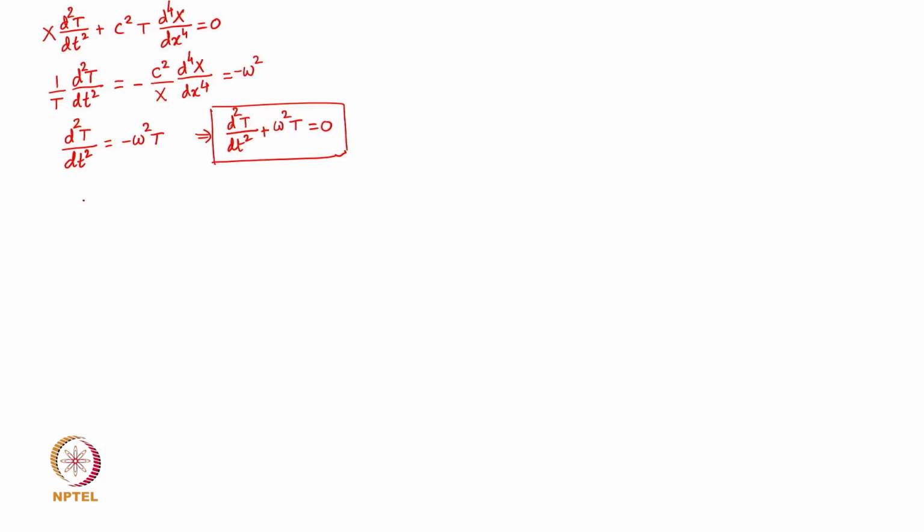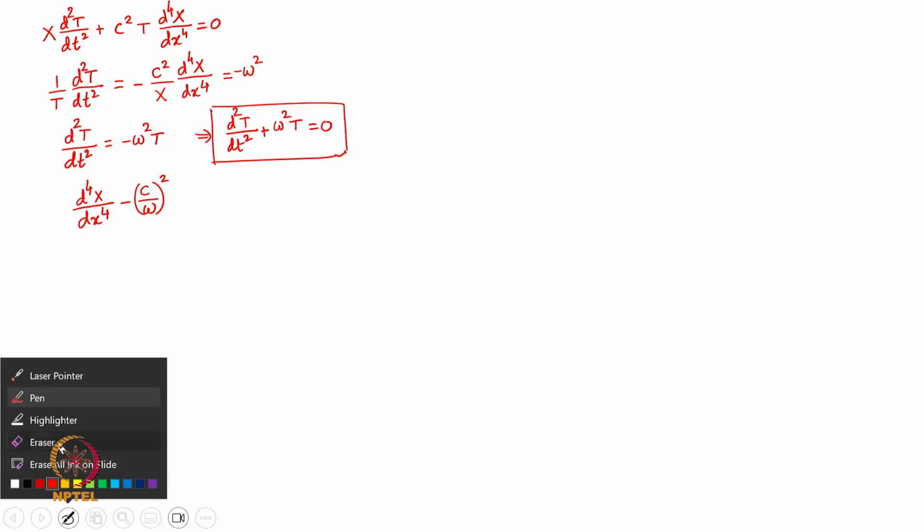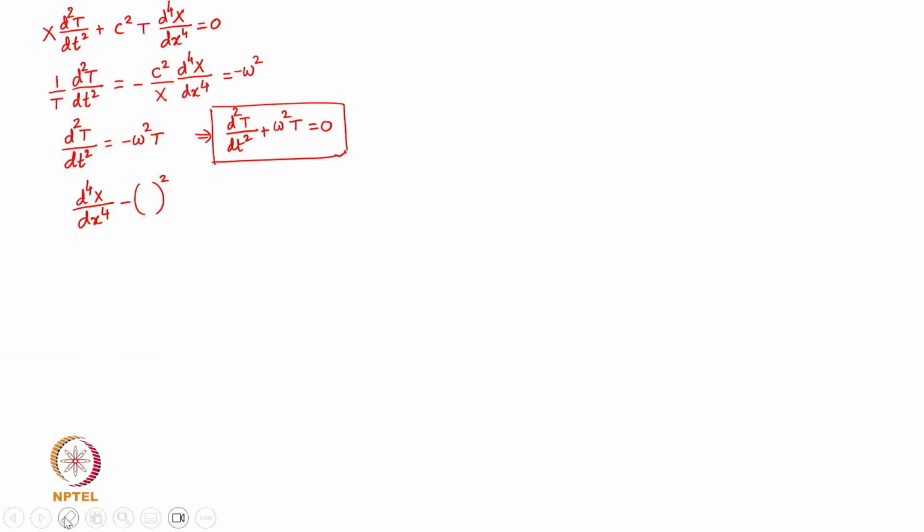This is going to be d⁴X/dx⁴, right? This you get as (omega/c) whole square, right? So you get this as (omega/c) whole square into X equal to 0.